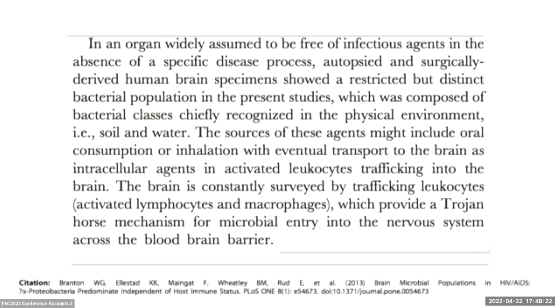This was first observed in 2013 by Canadian researchers who were studying brains of people who had died of HIV/AIDS. To their great surprise, they found that brains of healthy people also had microbes, a very restricted but distinct bacterial population, composed of microbes that you commonly find in soil and water.